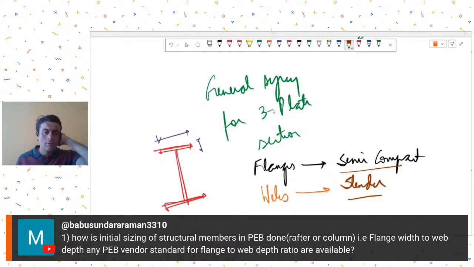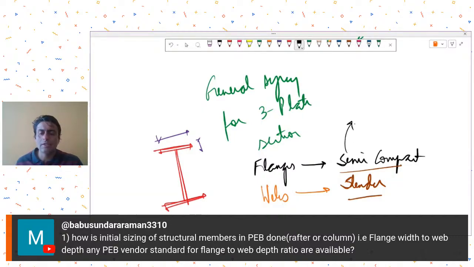But if you look at the IS 800, they don't allow you to use the slender flanges. So semi-compact flanges and slender webs are allowed. There are certain rules given for slender webs, so slender webs are allowed, but flanges have to be semi-compact. So as per that, your width to thickness ratios are determined.